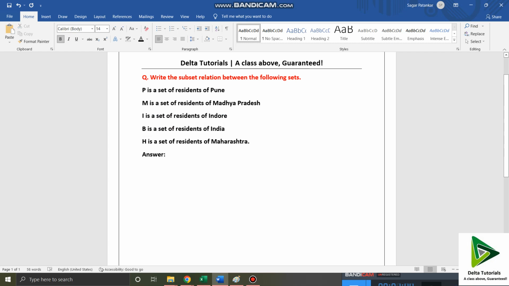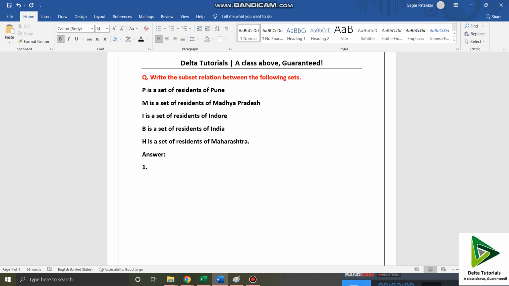Now we are going to write the subset relation between two given sets. We all know that Pune is present in Maharashtra state. So basically, Pune city is a part of Maharashtra. Hence, we can say that set P is a subset of set H. For the first thing, we are going to write the first subset relation.